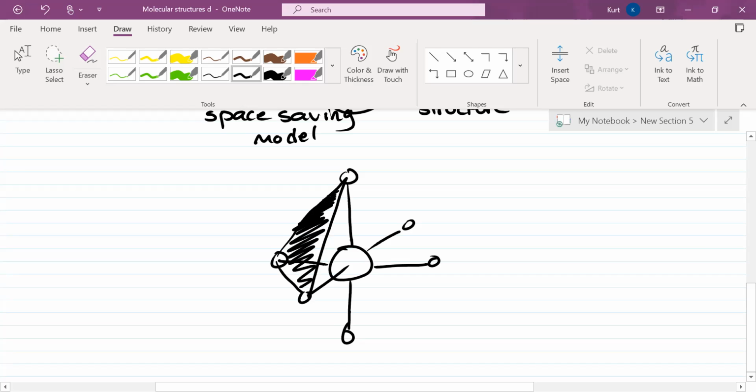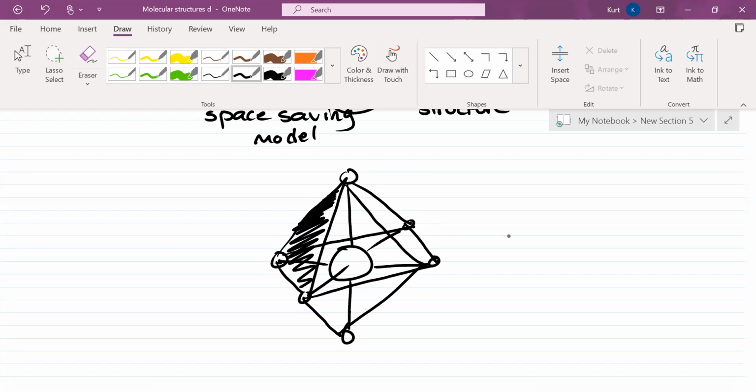1, 2, 3, 4, 5. So it's hard to draw in 2 dimensions. So let me try to hold it like this. You guys see, watch this. Just look up here. From here to here to here, that's 1 face. Here to here to here, that's 2. Here to here to here, that's 3. Here to here to here, that's 4.